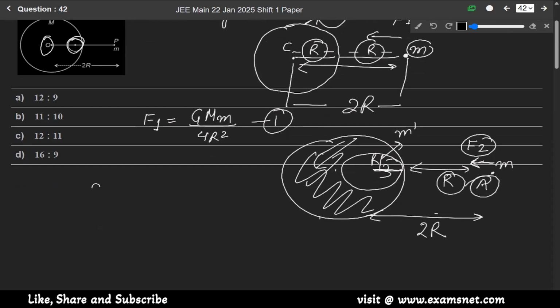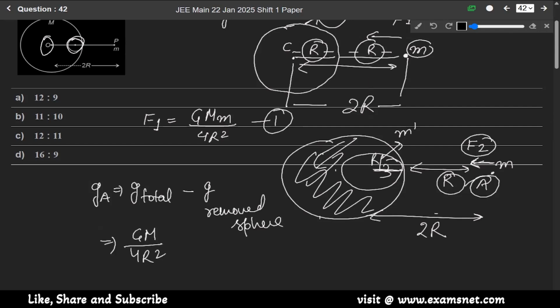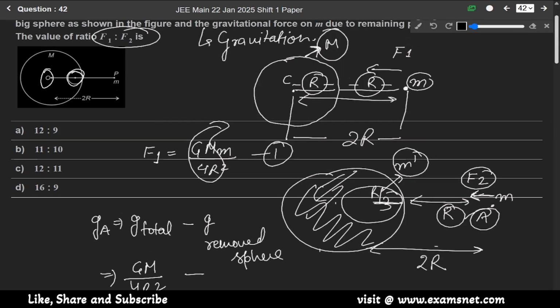The gravity at point A will be the total gravity due to the big solid sphere minus the gravity due to the removed sphere. So it will be equal to, for the total sphere, GM over 4r squared, minus the removed sphere. For the removed sphere, we have considered m prime to be its mass, so first we will find its mass.